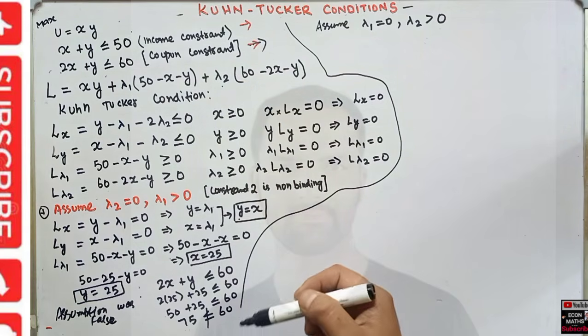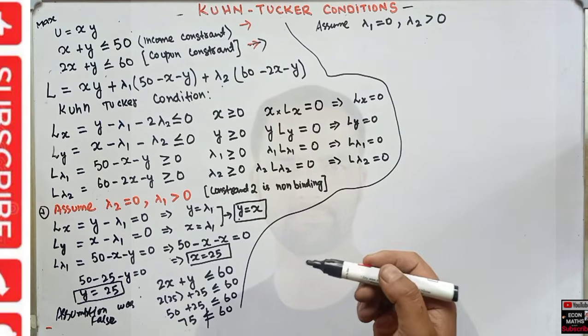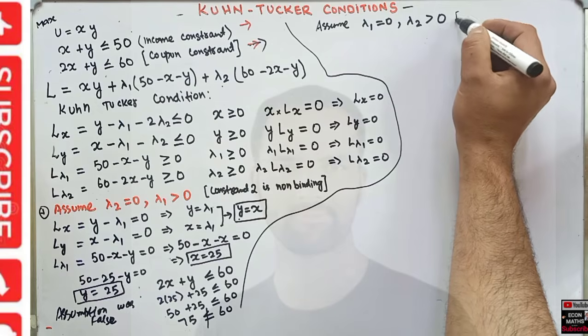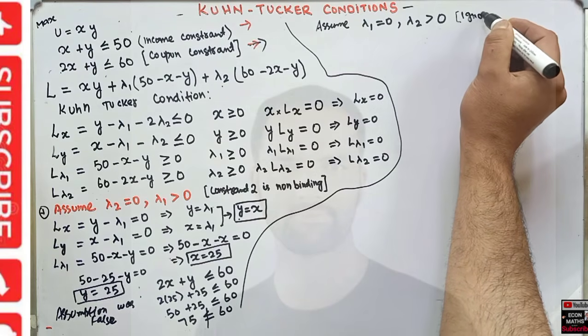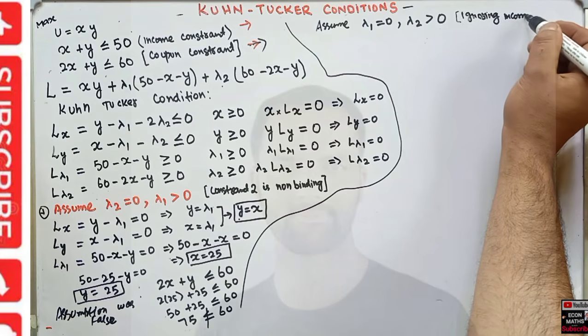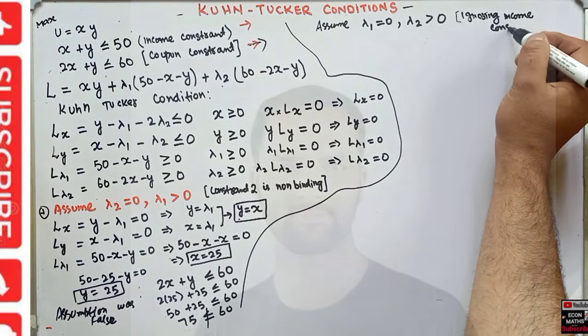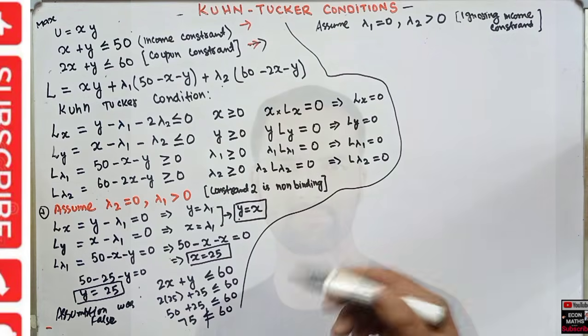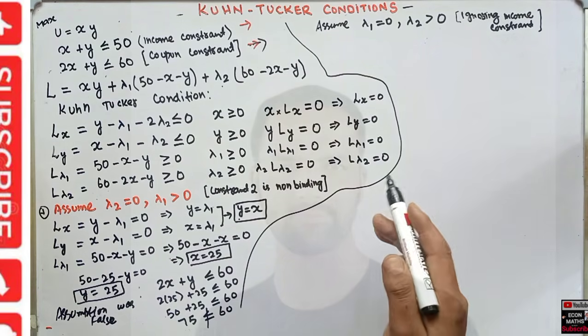We say lambda 1 is equal to 0, that means it is non-binding here. So I'm just ignoring the income constraint here. I am saying money is not an issue for us for the time being.